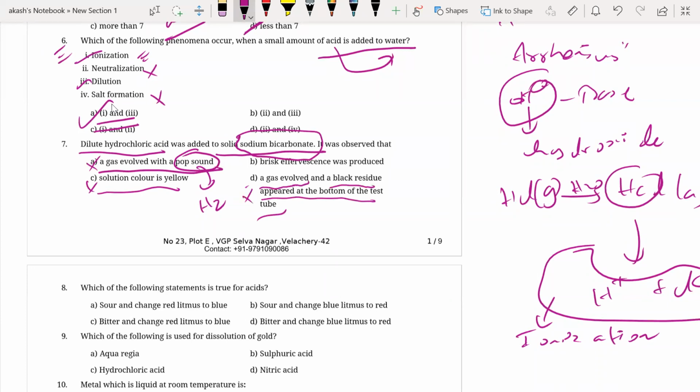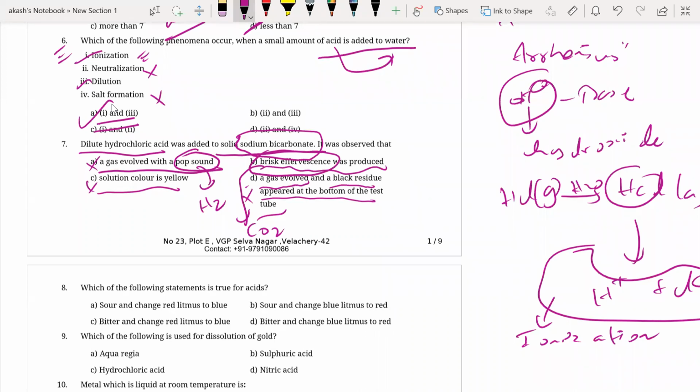Next, a brisk effervescence was produced. Yes, this brisk effervescence is because of the production of CO2. Brisk effervescence means something is coming out. Maybe just type effervescence in Google and you'll understand.